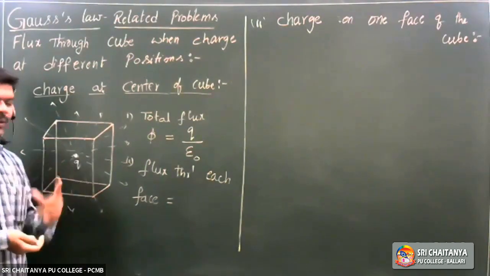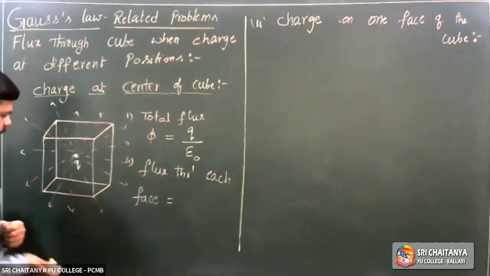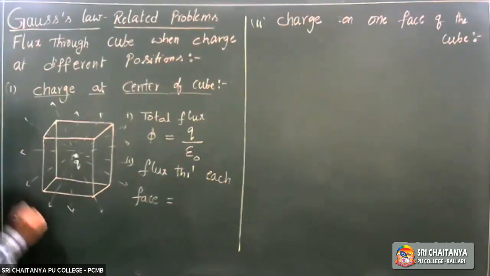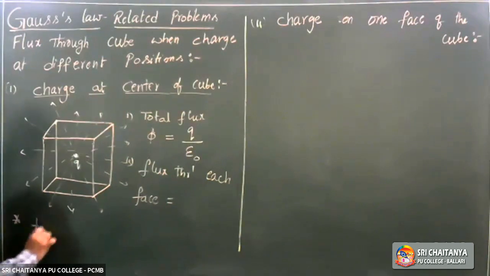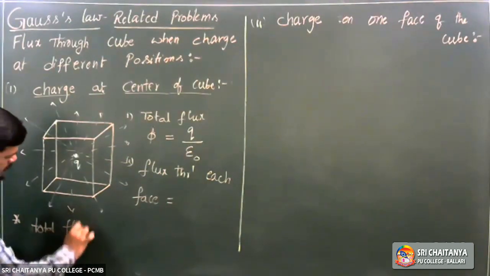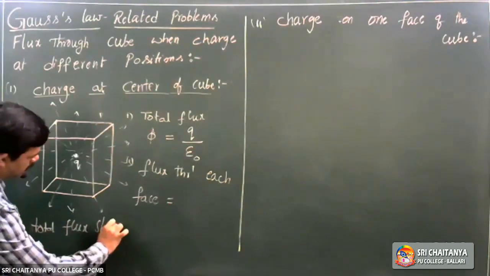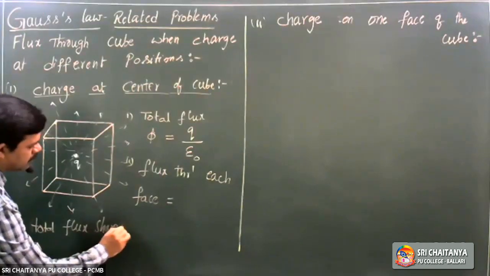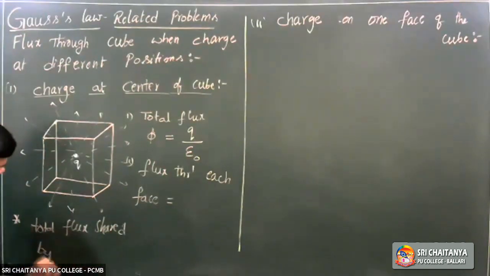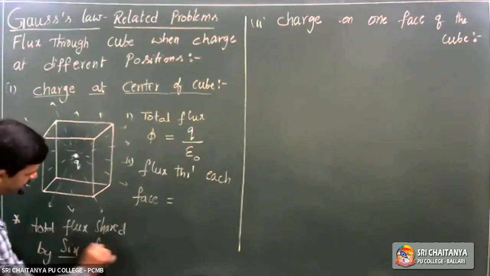What is the flux through each face? The total flux is shared by 6 faces.